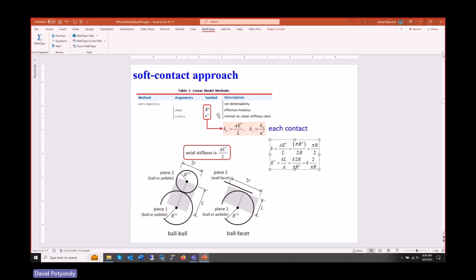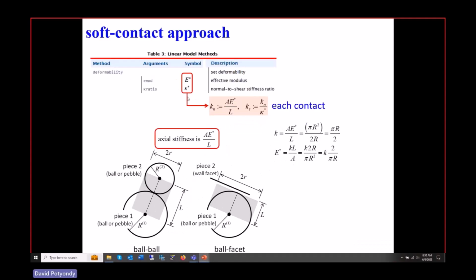So by using these two parameters, we're able to get a size independent modulus out of our system. So these are going to be the parameters that we're going to specify as microstructural parameters. Okay.